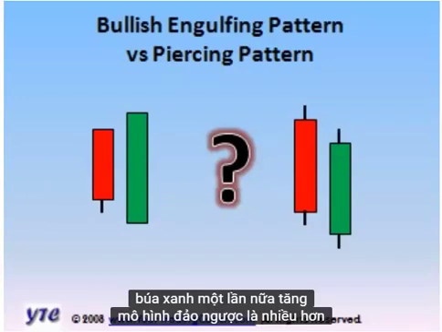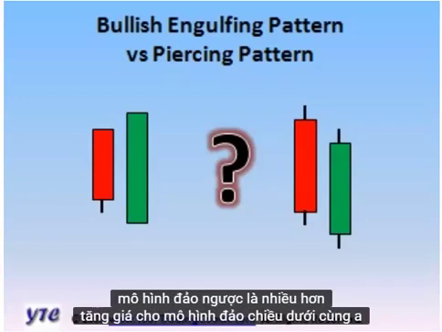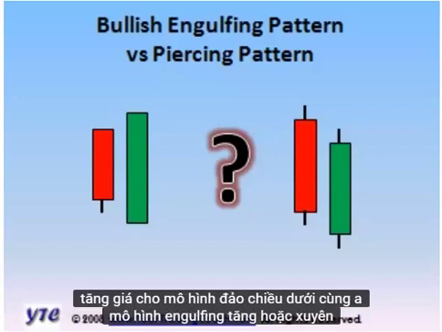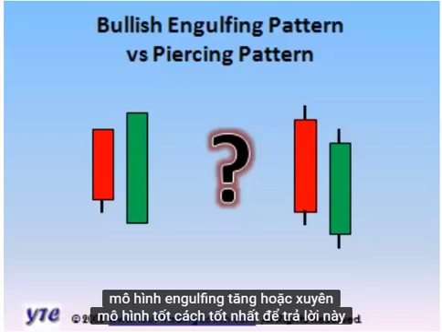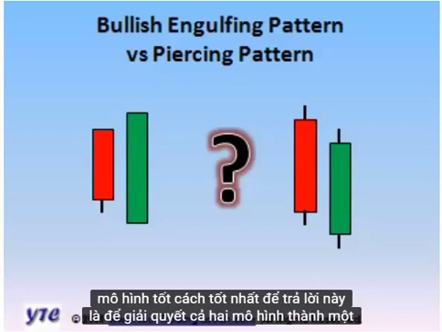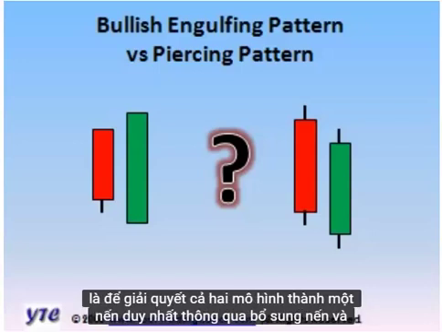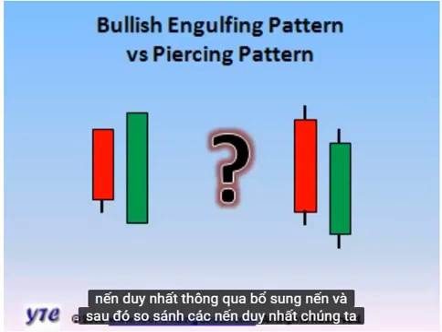So which is more bullish at a bottom reversal pattern, a bullish engulfing pattern or a piercing pattern? Well, the best way to answer this is to resolve both patterns into a single candle via candle addition, and then compare the single candles.